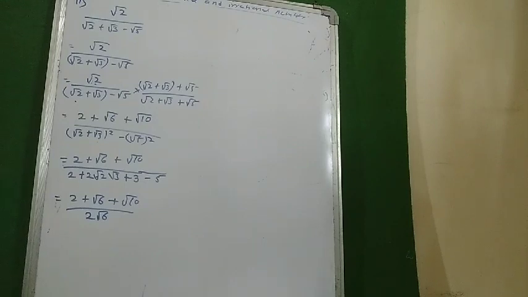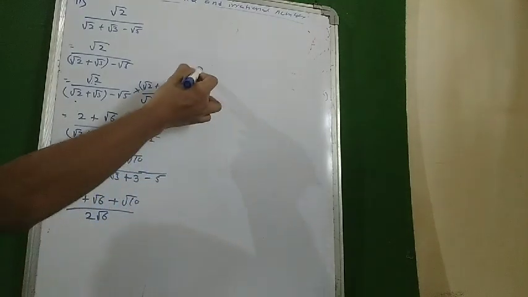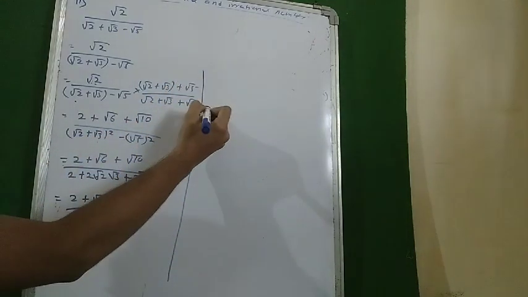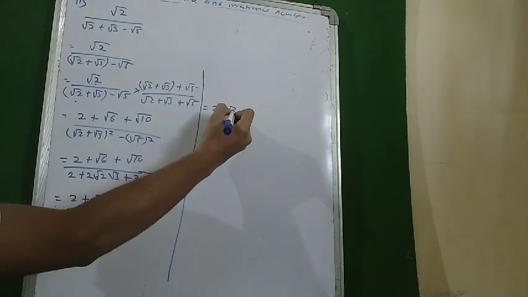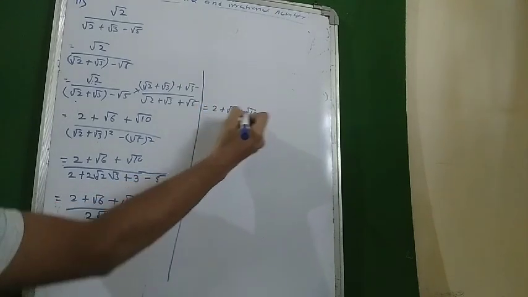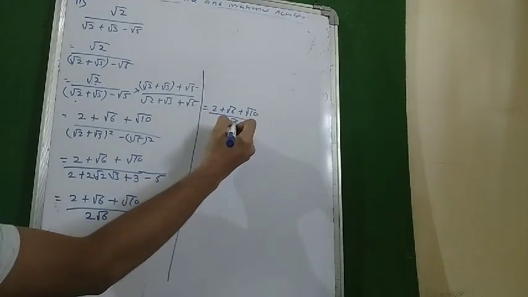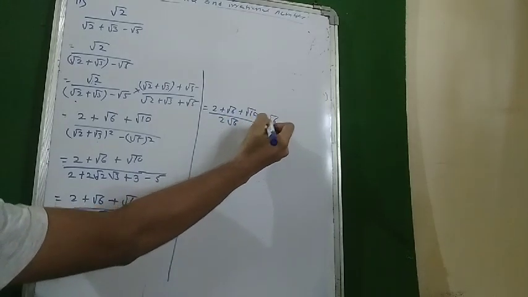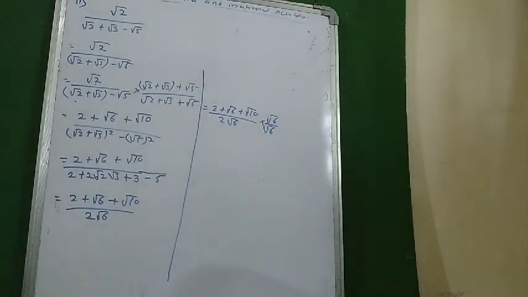Okay. Now, we have already seen this type of question in exercise 1D, that is the first and second question. Okay. If there is only a root sign, we should rationalize the roots only. That is 2 root 6 plus root 10 upon 2 root 6, which is rationalized by root 6 into root 6.